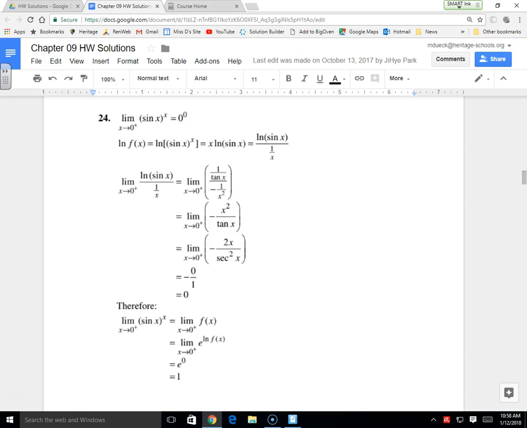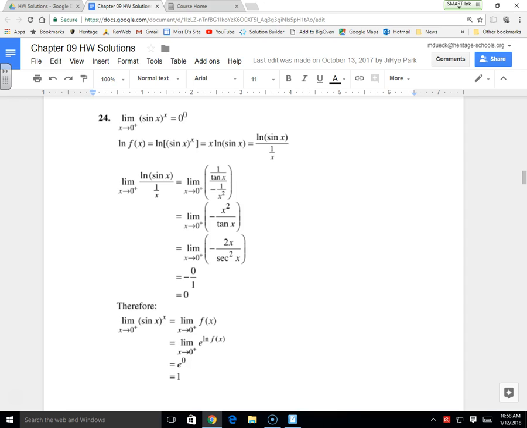You have to set y, look at the function and say, hey, I'm taking the limit of a function y equals f of x. So you can say f of x is equal to sine of x to the x, take ln of both sides for the purpose of bringing down the x, for the purpose of making it a denominator. Remember, multiplying is dividing by the reciprocal. Go team. Then we can go ahead and take the limit, and we end up with infinity over infinity, basically. Taking the derivative, we can then go ahead and simplify, as we did yesterday, and we end up with 0. 0 being the limit of the right-hand side after we take ln.